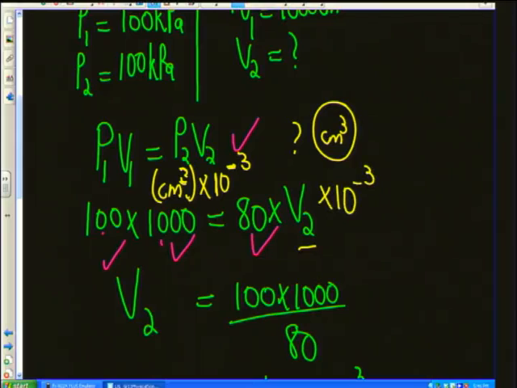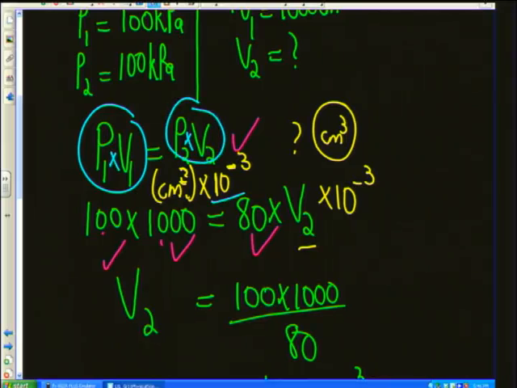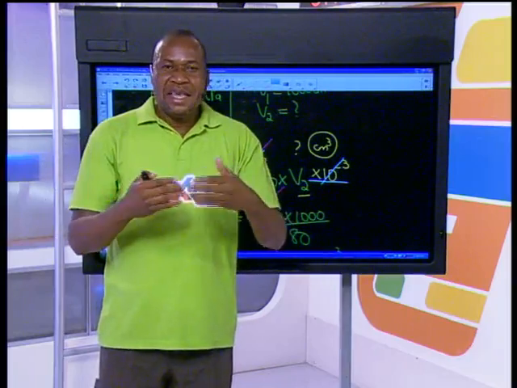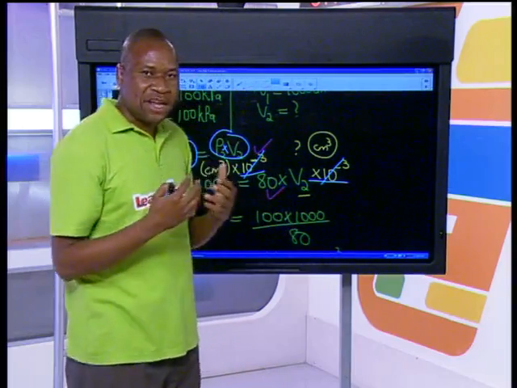So what is basically going to happen is that because this is an equation, this equals that. And this is multiplication and that is multiplication. If I have 10 to the 3 on the left and 10 to the 3 on the right, I can actually cancel that out. That is the reason why converting is not so necessary. This is the same thing with pressure.